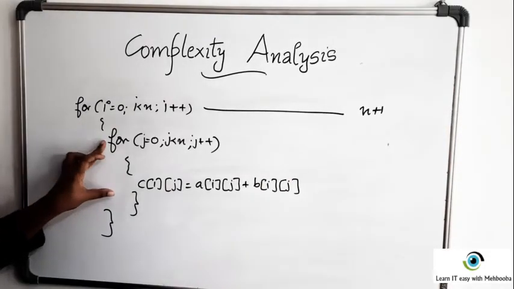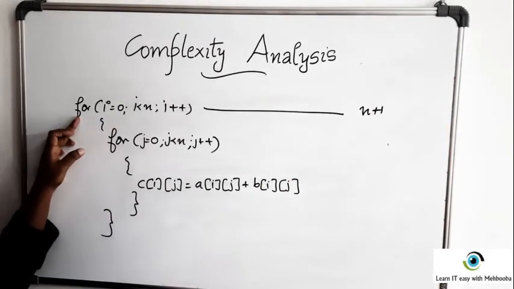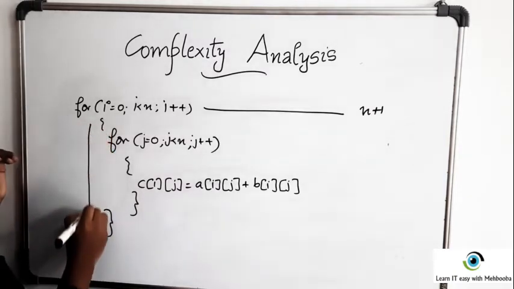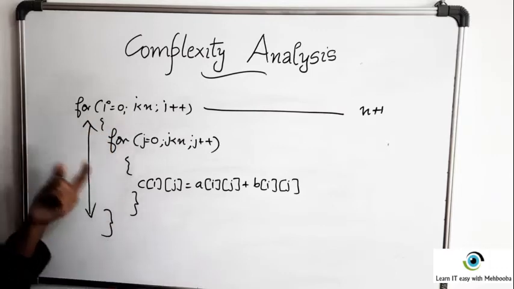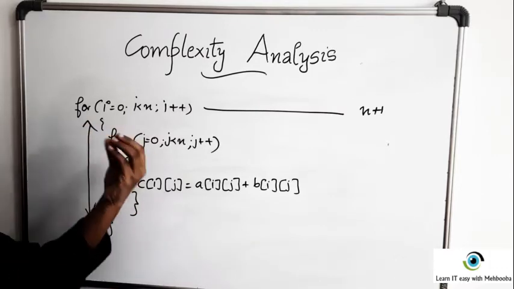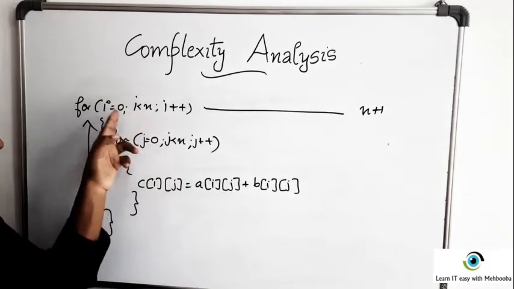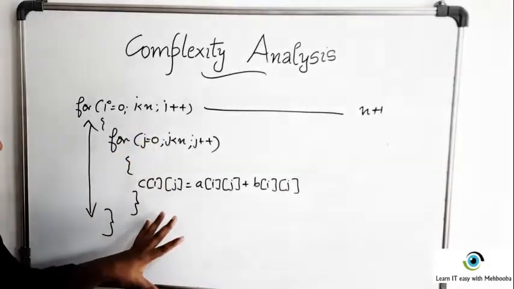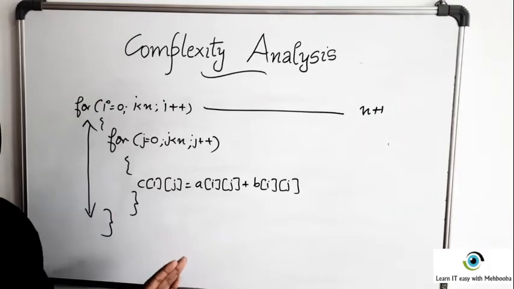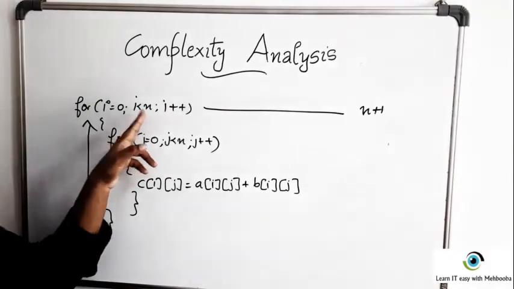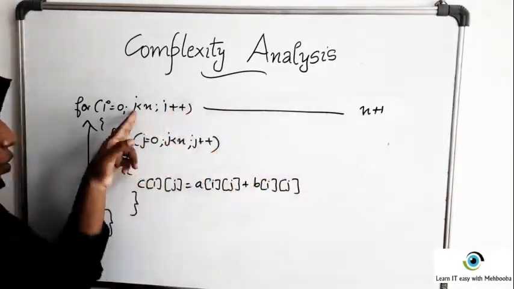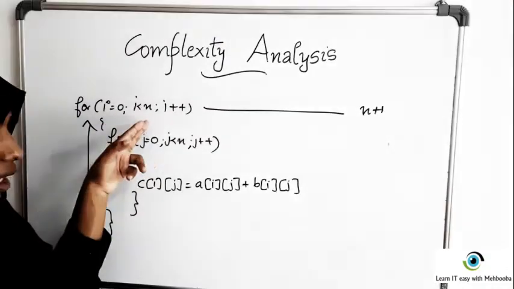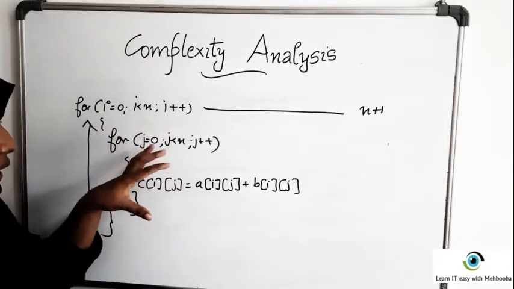Now see, this for loop is nested inside this for loop, isn't it? We have seen in the previous case that if the for loop runs n plus 1 times, the code within the for loop will run exactly n times. The reason is this 1 is extra for the condition check where the condition failed. When the condition fails, the control won't get inside.